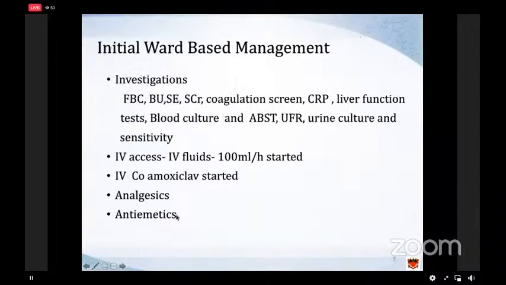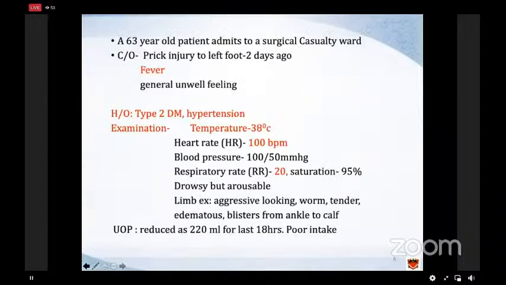Right, so we have a 63-year-old male. So you are the house officer. You get a patient in the evening, a 63-year-old male admitted to the surgical casualty ward complaining of a prick injury to his left foot 2 days ago. Now he is complaining of fever and a general unwell feeling. On your history, you find that he is a type 2 diabetes patient with hypertension in the background medical history. On examination, his temperature is 38, he is tachycardic with a heart rate of 100 beats per minute.